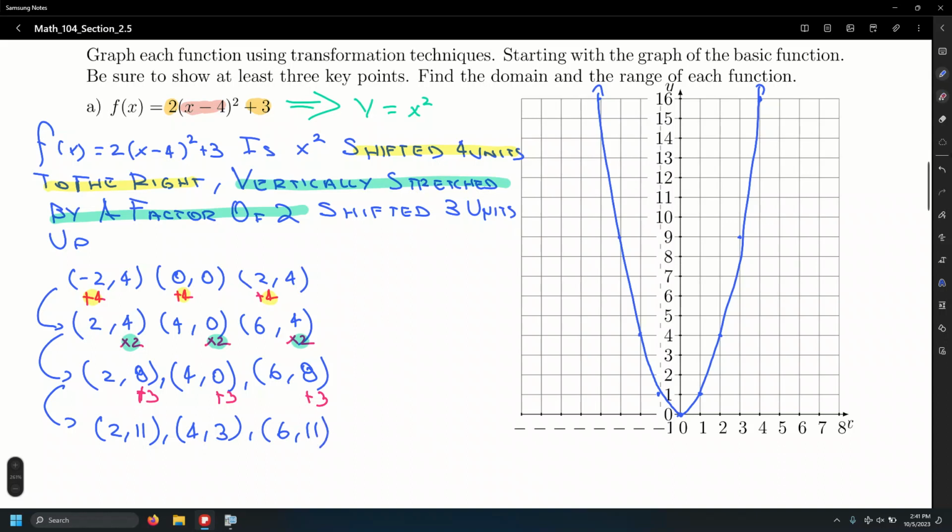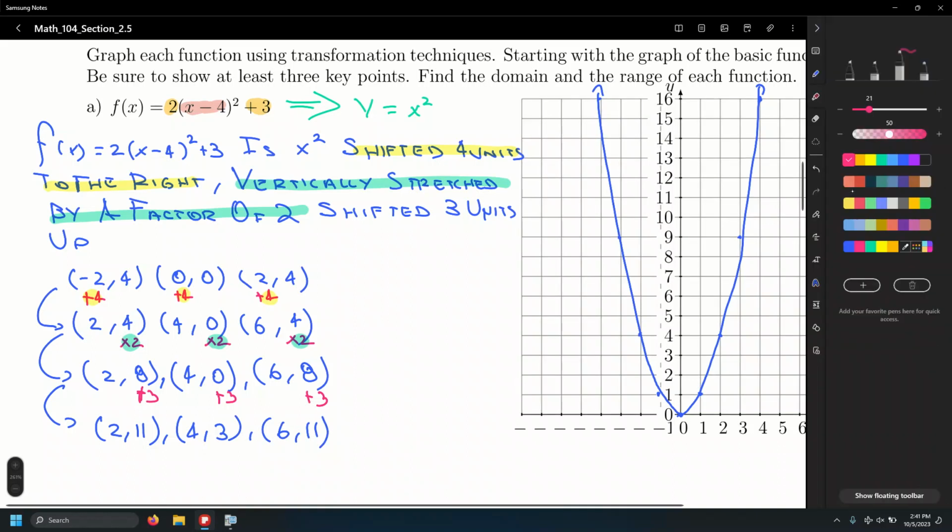Let me highlight this operation with a different color, maybe blue, purple. Shift 3 units up. That's the plus 3, plus 3, plus 3. Sounds good? And we're done with creating the new points for the transformed function.